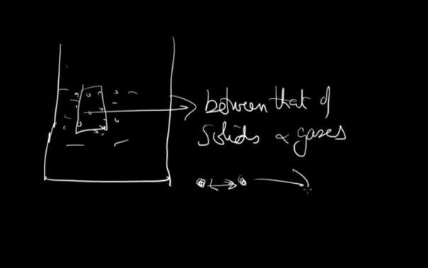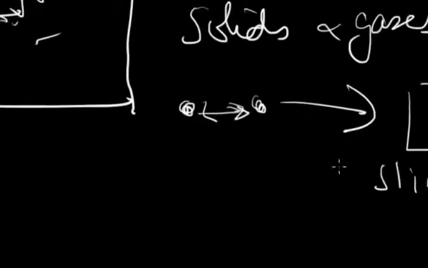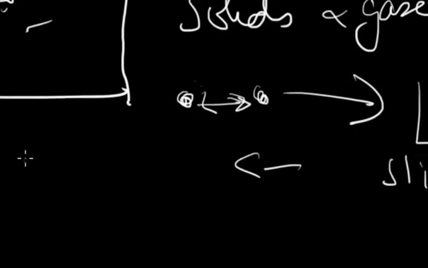It simply means that one molecule may slide over the other molecule to a certain extent. So this property of sliding is one of the key properties of fluids, and it gives rise to important features of fluids, like viscosity.